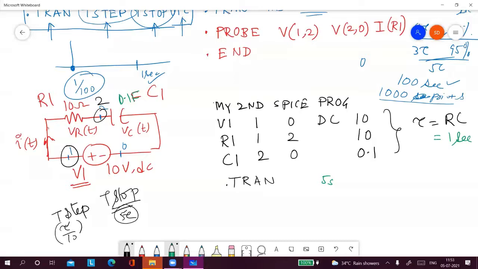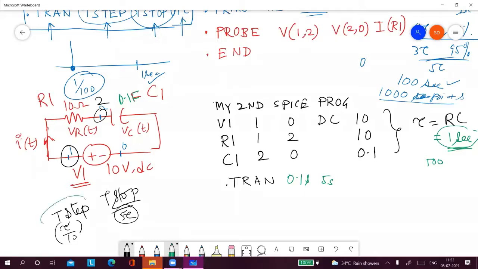Okay, let us take 500 points in between the final time and the initial time. But you can also take 100 points. This is 1 by 10, with 0.1 seconds. How many points are there? 50.